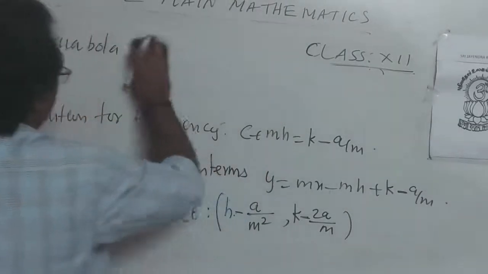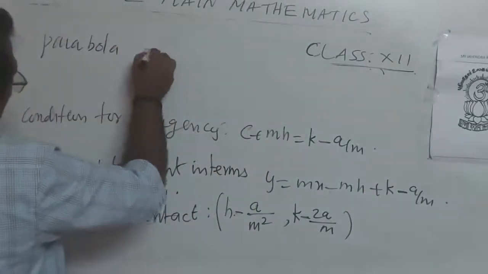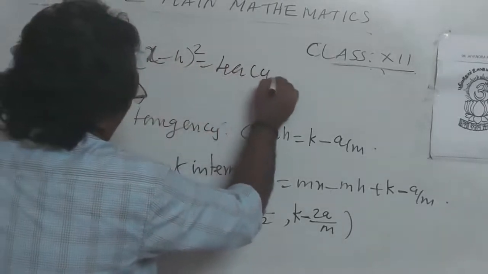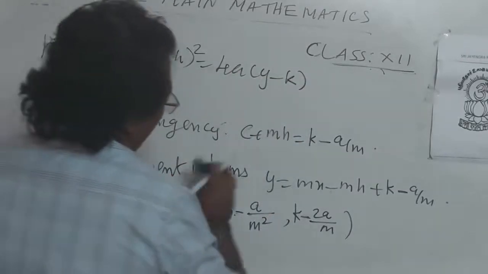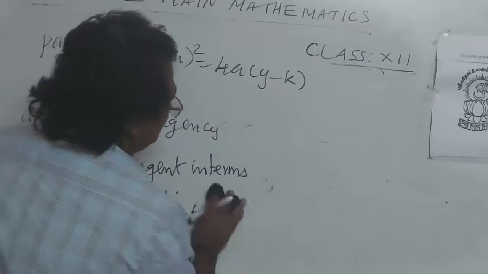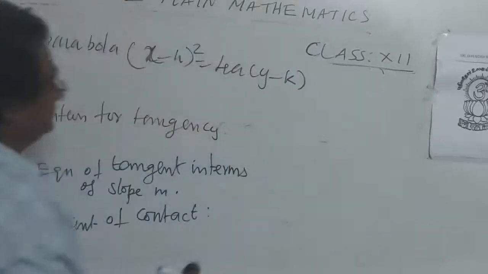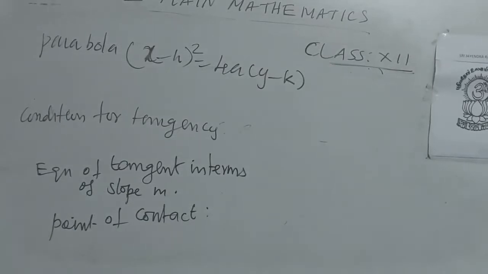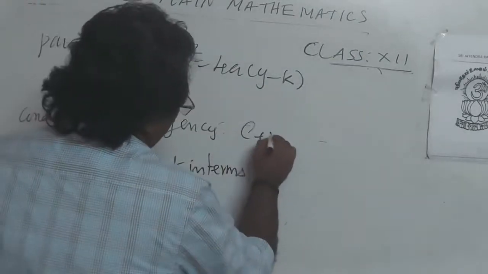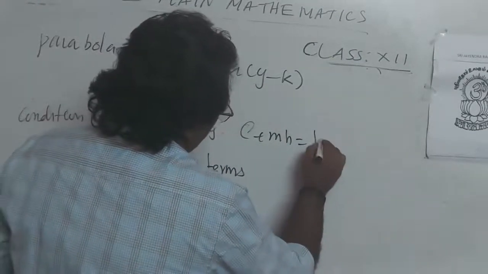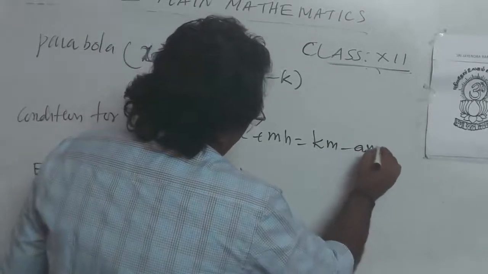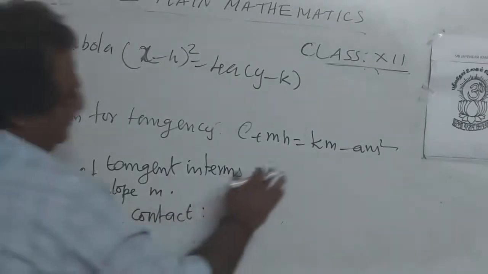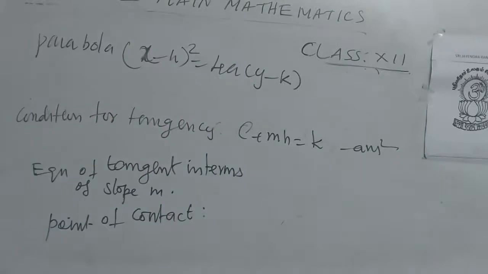Next, for the parabola x minus h whole squared equal to 4a into y minus k, the condition for tangency is c plus mh equal to k minus am squared.